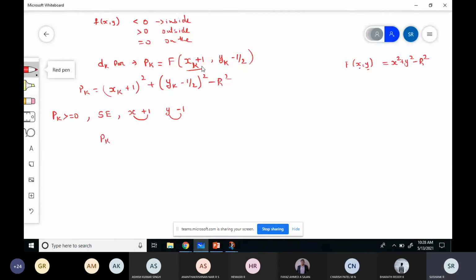So it will become xk plus 1 plus 1 the whole square, plus yk will become y of k minus 1, minus 1 by 2, the whole square.